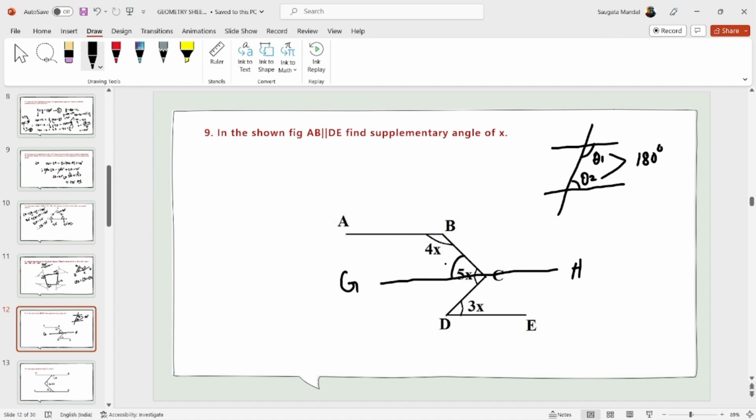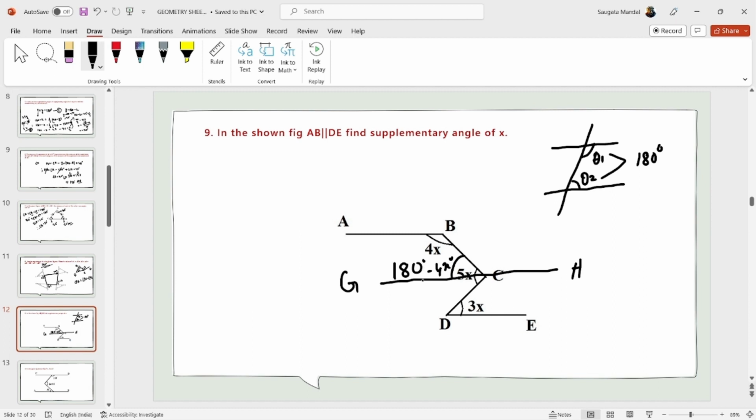Is it clear? If the sum of these two angles is 180 degree and one angle is 4x degree, then what is the other angle of this diagram? That must be 180 degree minus 4x degree.